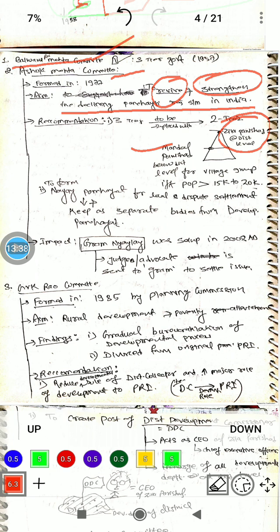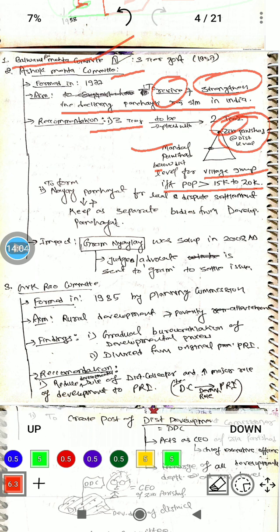Mandal Parishad means it is below the district level, for a village group with a population of more than 15,000 to 20,000. So a two-tier government was formulated, not three-tier.